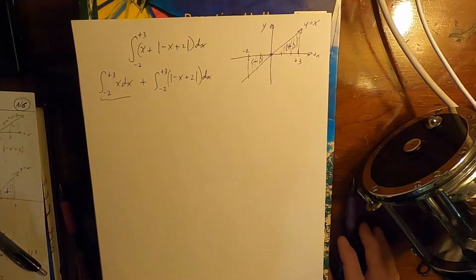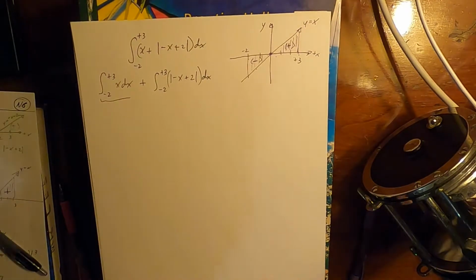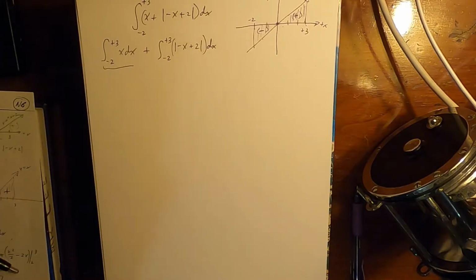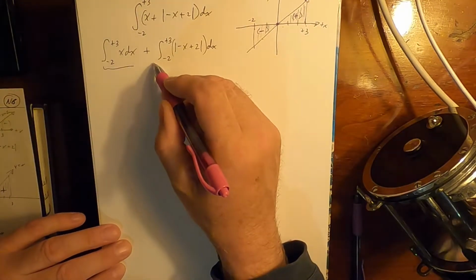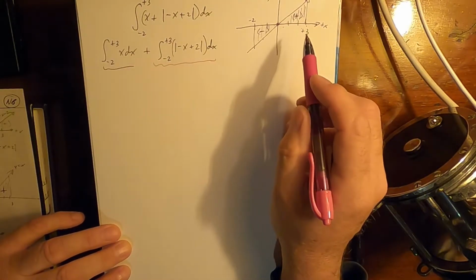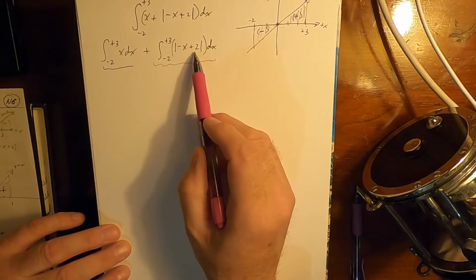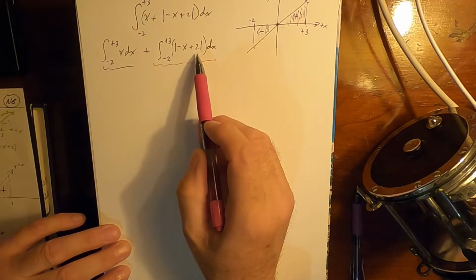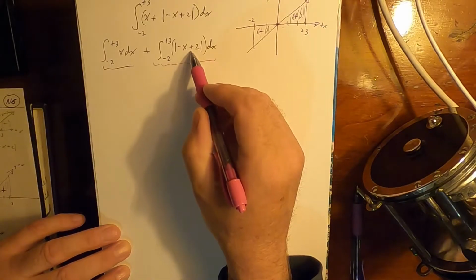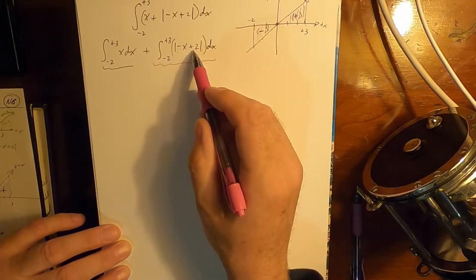Now we're going to look at the other part of this integral, and that's this guy. When we do, we're going to see that this is a shifted function. It shifted over by 2, so it shifted to the right.